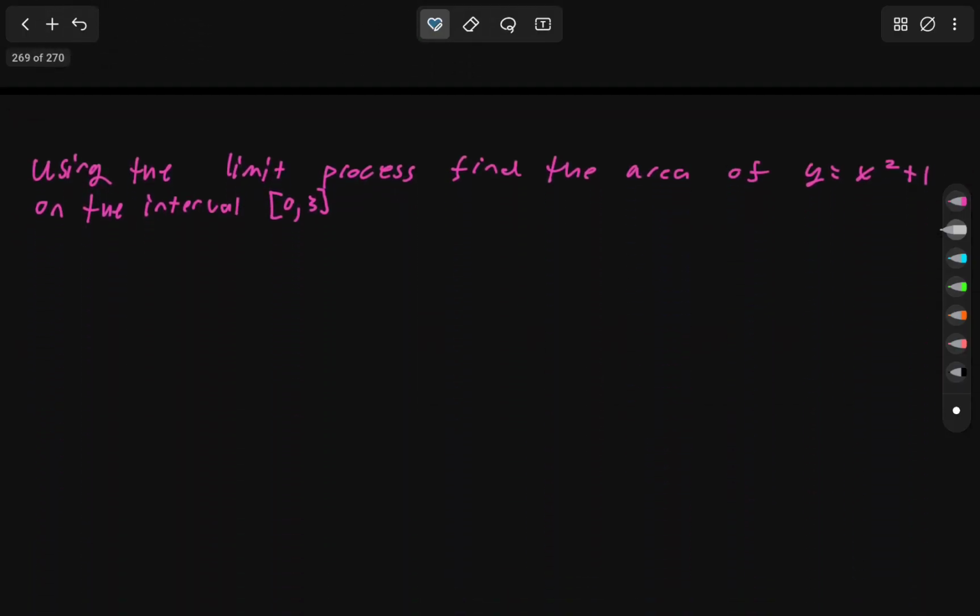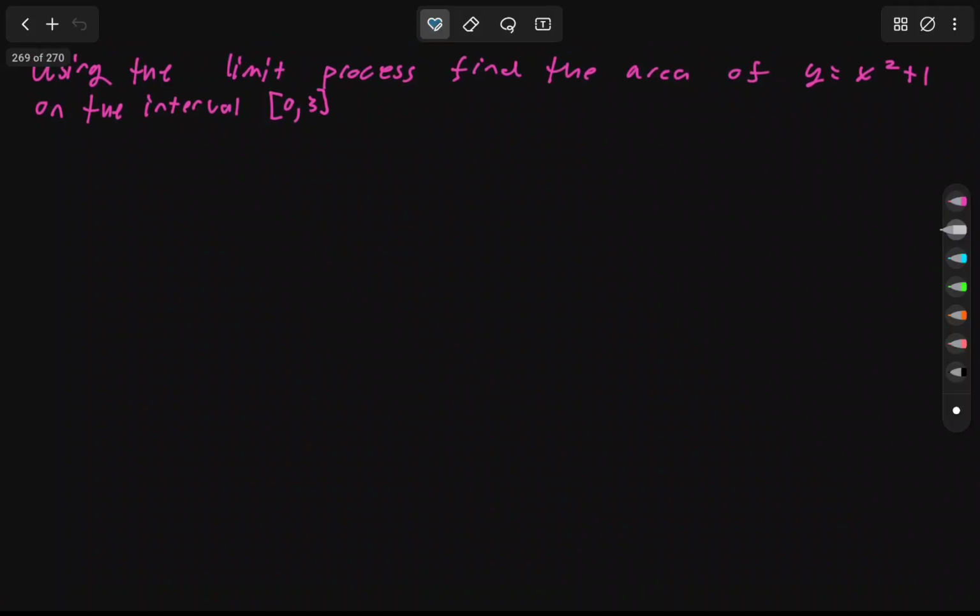So let's work an example. Let's find the area of y equals x squared plus 1 on the interval from 0 to 3. Well, what is this going to really look like?